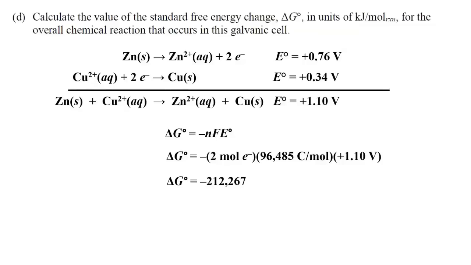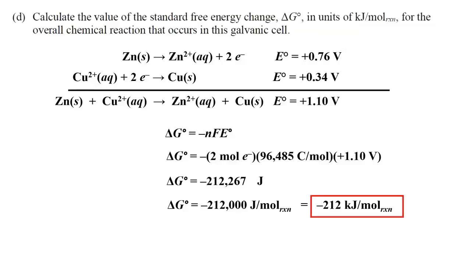So I'm going to round off this answer to 3 significant figures. We also know that coulomb times volt is equal to joule. So it's going to be negative 212,000 joules per mole of reaction. And if I divide by 1,000, going from joules to kilojoules, my answer is negative 212 kilojoules per mole of reaction.